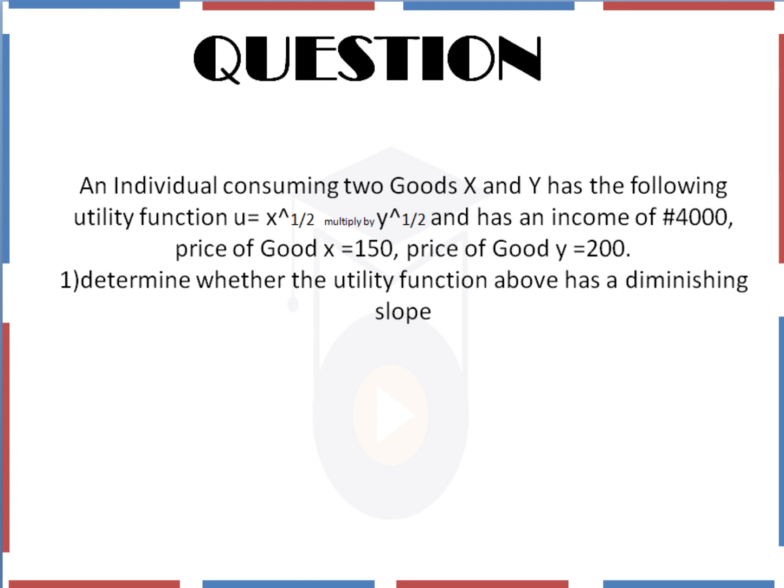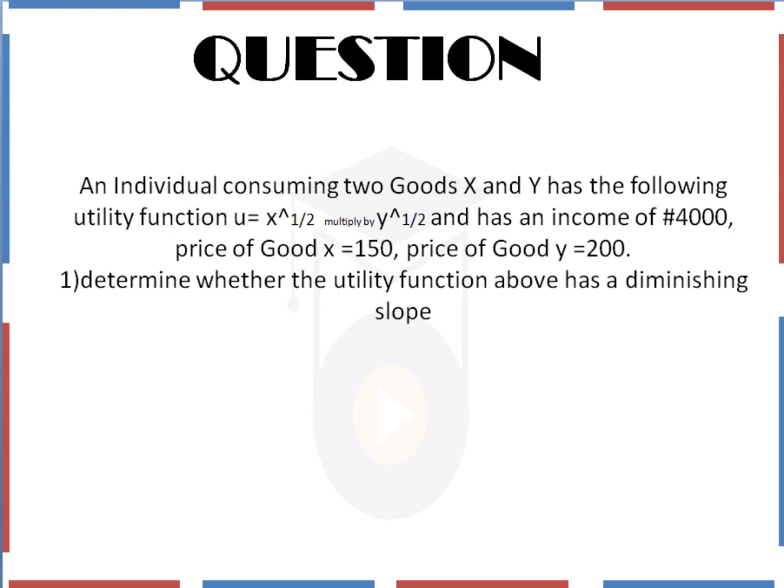So M is equal to 4,000. Price of good X, that's PX, is equal to 150. Price of good Y is equal to 200. Number one, determine whether the utility function above has a diminishing slope.